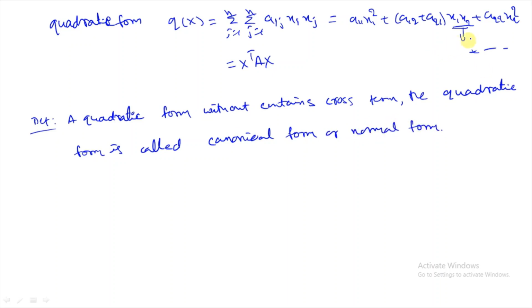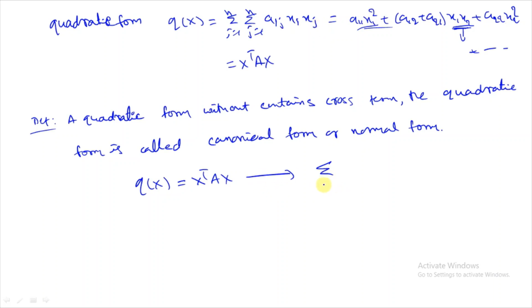See now, what kind of cross term is there? The products of x1 x2, x2 x3. If quadratic means degree 2, that means there is no cross term, only a sum of squared terms. That means a11 x1 square, a22 x2 square, and so on. That means Q of x, this x transpose Ax, is transformed to summation i equal to 1 to n of aii xi square, with some real numbers.